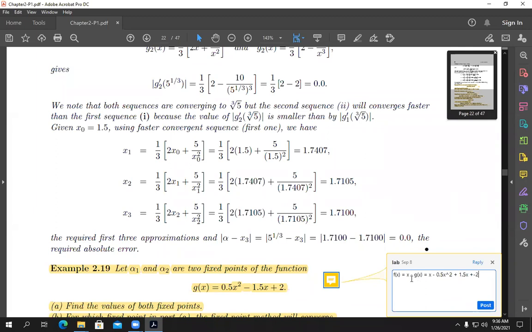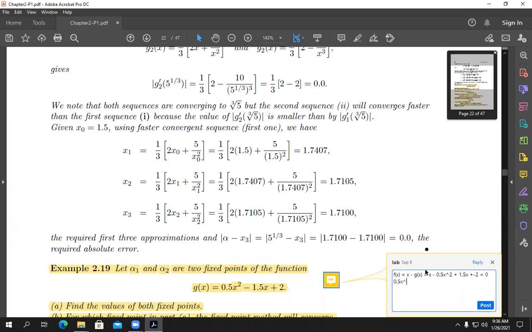Minus. So minus makes this one negative, this one positive, this one negative, right? And this is equal to what? 0, always.